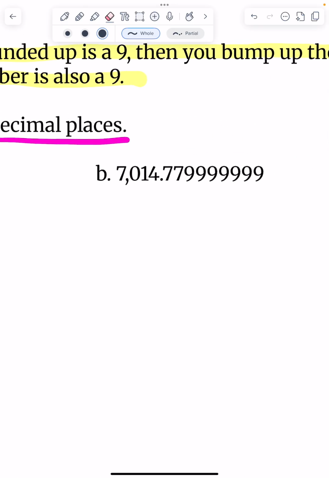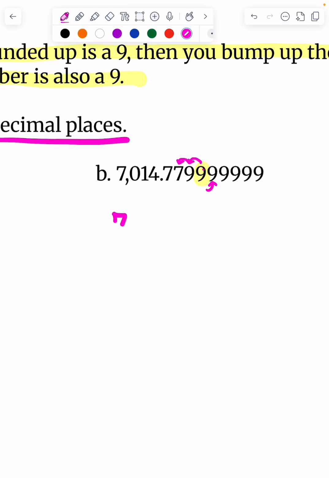Let's look at the other one. 4 decimal places. I'll highlight it again. That's this one right here. So another 9. And the digit next to it is also a 9, so that's 5 or more. So that means we're bumping up 1, but I can't do it to this one. So I look to the left. That's also a 9. Keep going until you get to a number you can bump up.